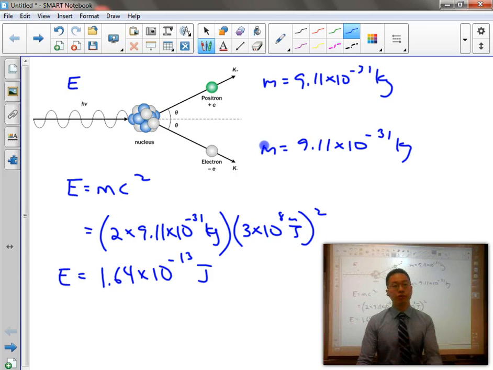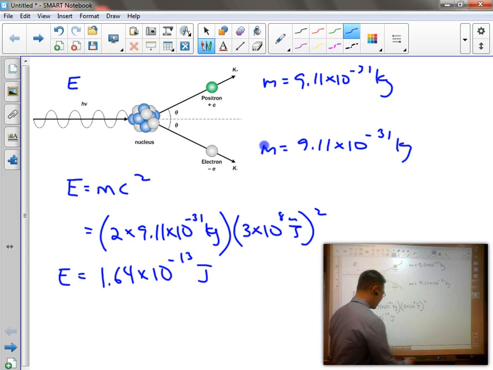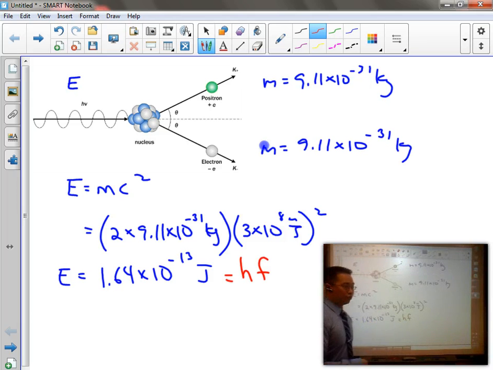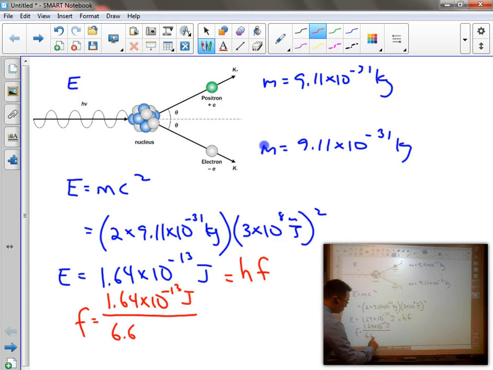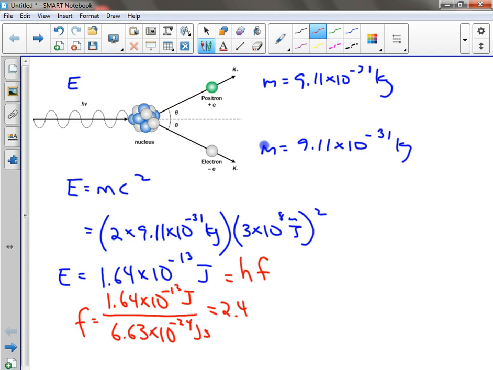If I wanted to figure out the frequency of that photon, I could set this energy equal to hf. We would use the joules version of h. So f would equal the energy divided by h, which would equal 2.47 times 10 to the 20th hertz.